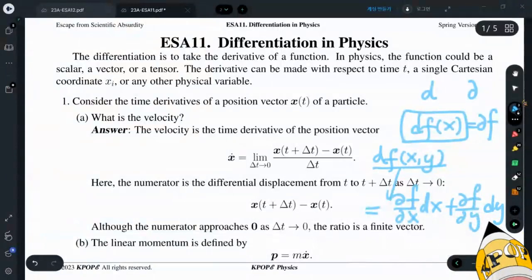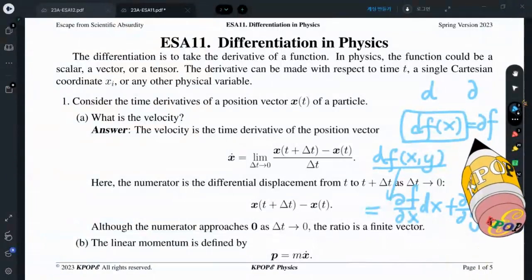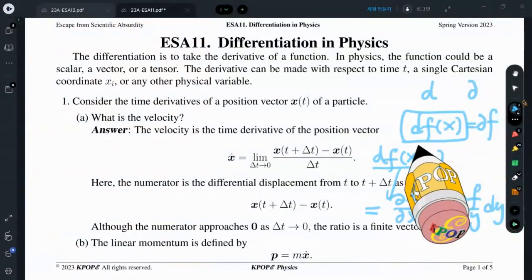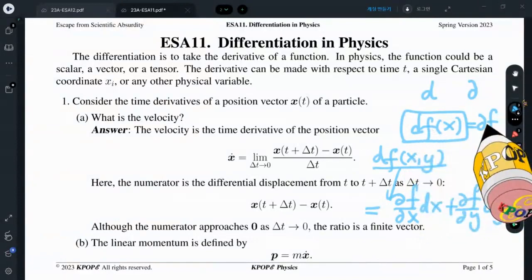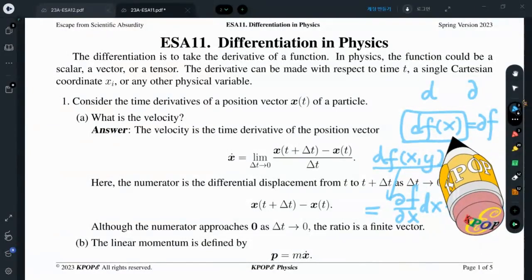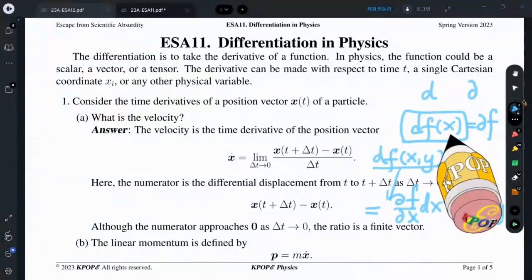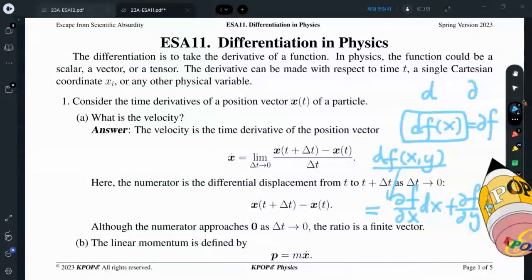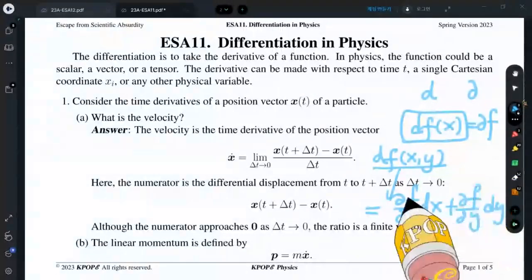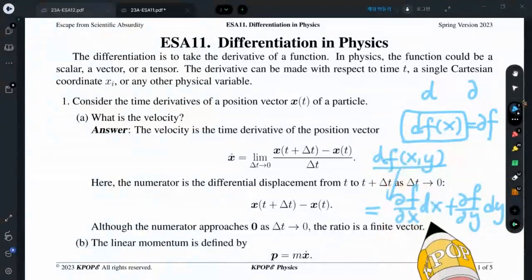So the difference between this round shape operator and the operator appears when the argument is a single or double or multiple variables. So remember this.